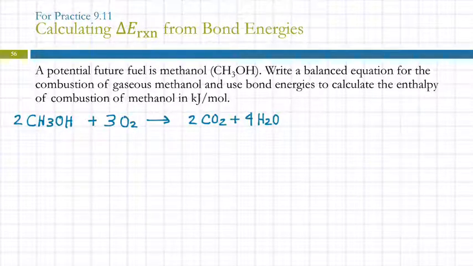So we need to think about, well, how is this attached? So I'm going to make this into a more Lewis-y structure now, because we have to be able to see what's going on here. So the methanol is going to have all single bonds.